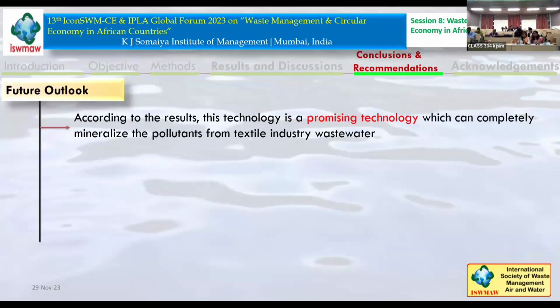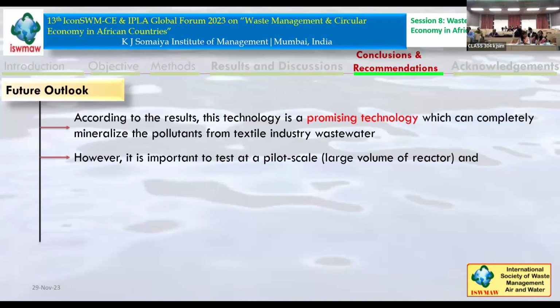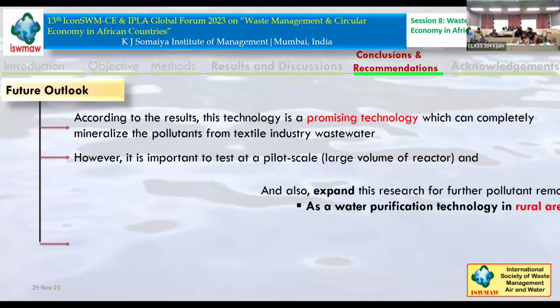I will finalize my presentation by saying something about the future outlook. According to the results, this is a promising technology that can be used to completely remove pollutants from the textile industry. However, it is important to scale up this technology and test it at pilot scale.